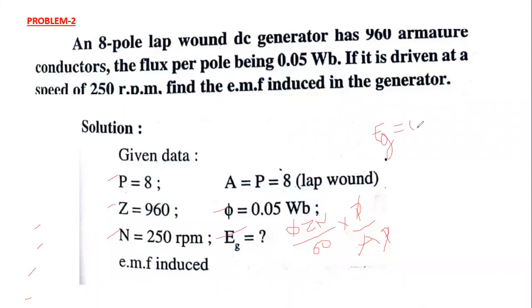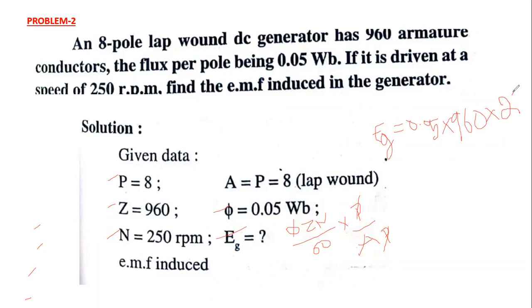Therefore, phi is equal to 0.05 Webers, into Z, the number of conductors. How many conductors are there? That is 960, into N, the speed. What is the speed?